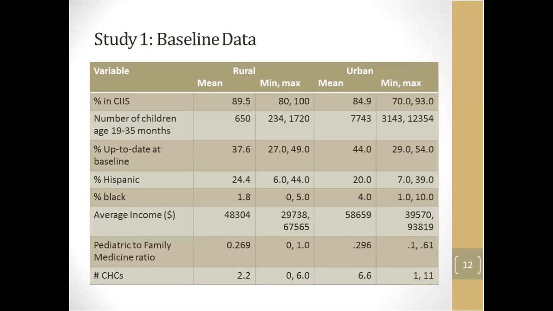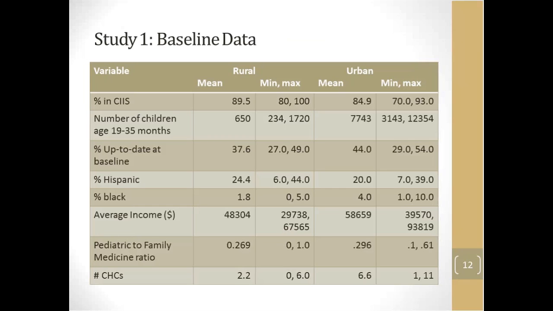Okay, baseline data. On average, we had 85 to 90% in CIIS, which is the Colorado Immunization Registry. There was a range to that. Number of children in the various counties, there was a huge range.